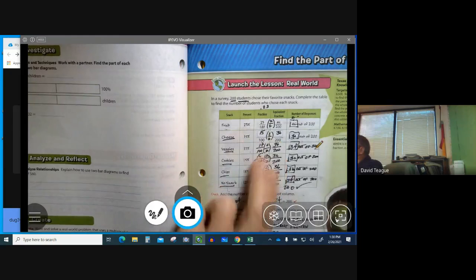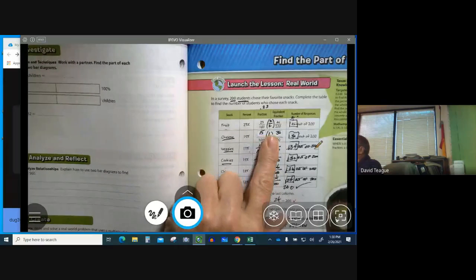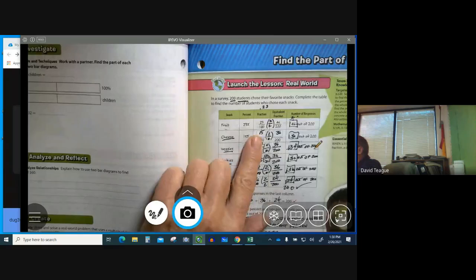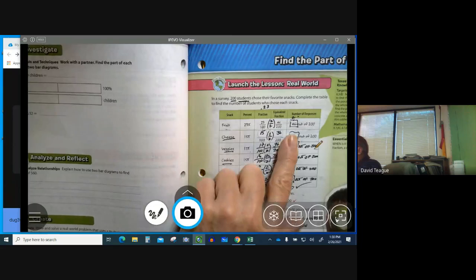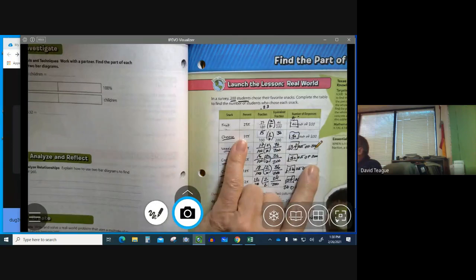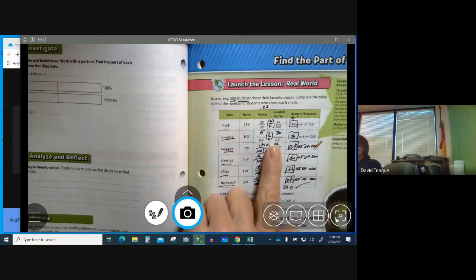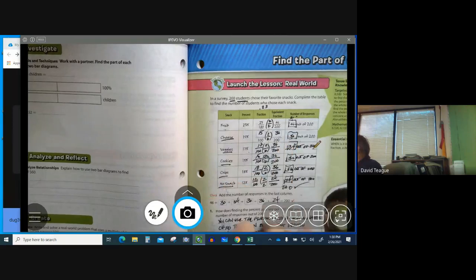So we've got to find our scale factor, and 100 to 200 is times 2. Then we multiply the numerator by the same number. So we now know that 23% of 200 is 46, okay?